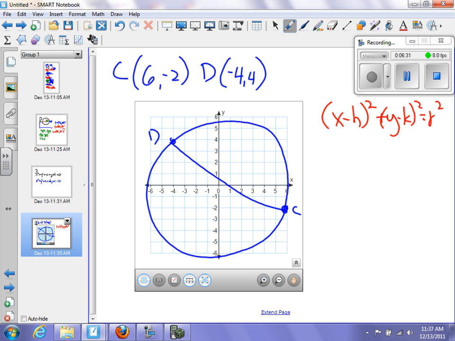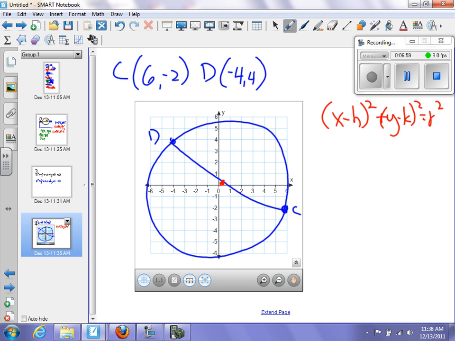And if I can find the midpoint of a diameter, then that's the center, right? That's why the picture is so helpful to me. If I was just looking at the problem, my first approach was actually to calculate the distance between C and D, figure out what's half that distance, and then try to figure out the formula.